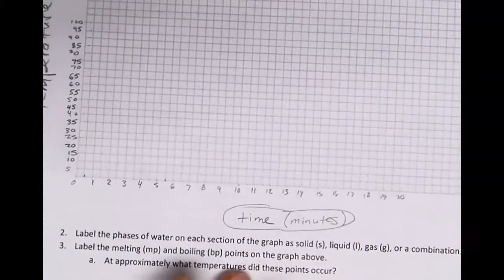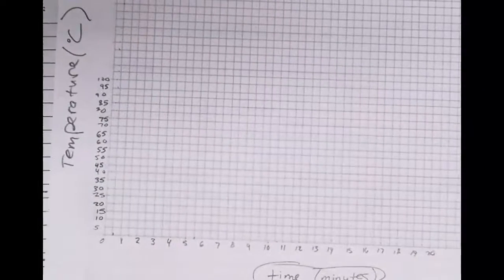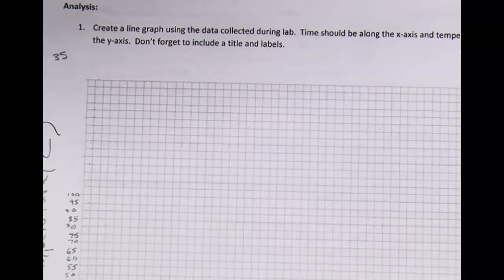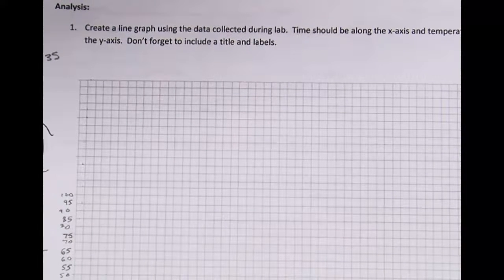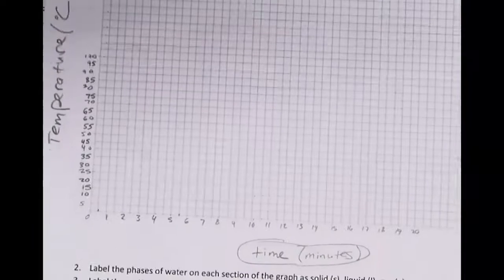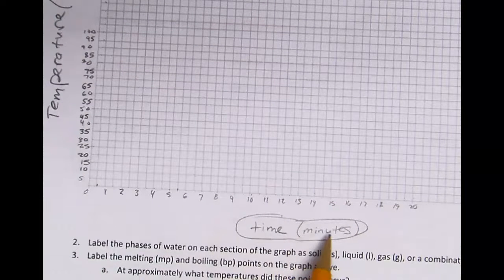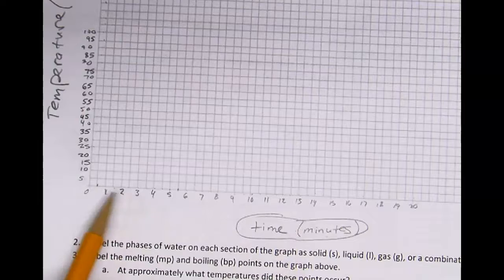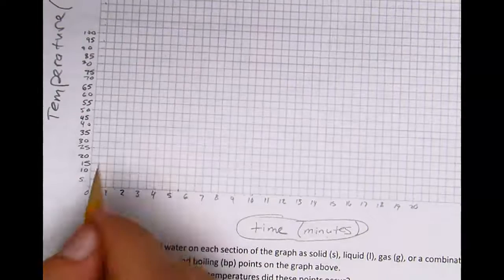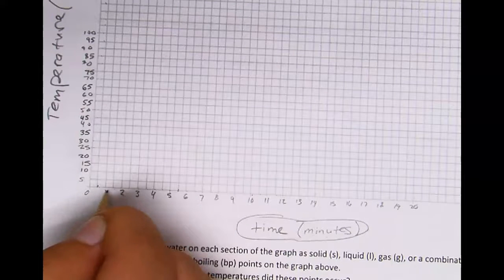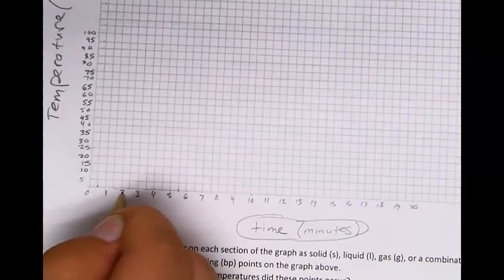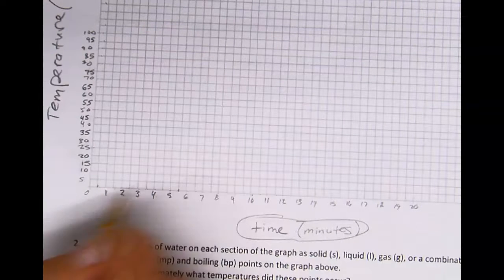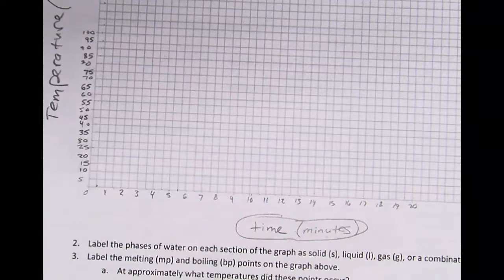All right, so on the back of this page, it says graph the data. Number one says create a line graph using the data collected during this lab. Time should be on the x-axis. Time is in minutes. What I did was every other line I went one. So I skipped a line, one, skip a line, two, skip a line, three, skip a line, four, skip a line, five, all the way to 20.